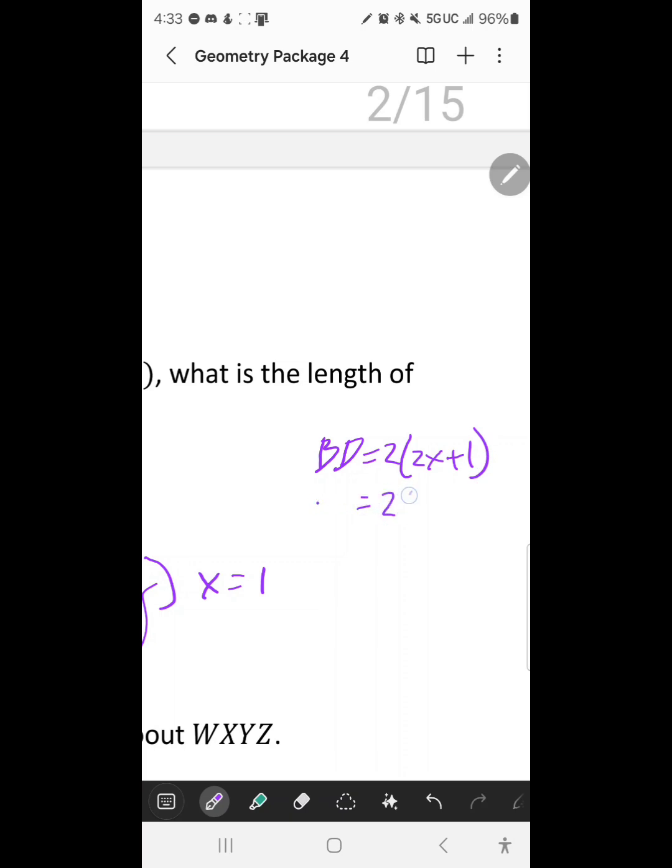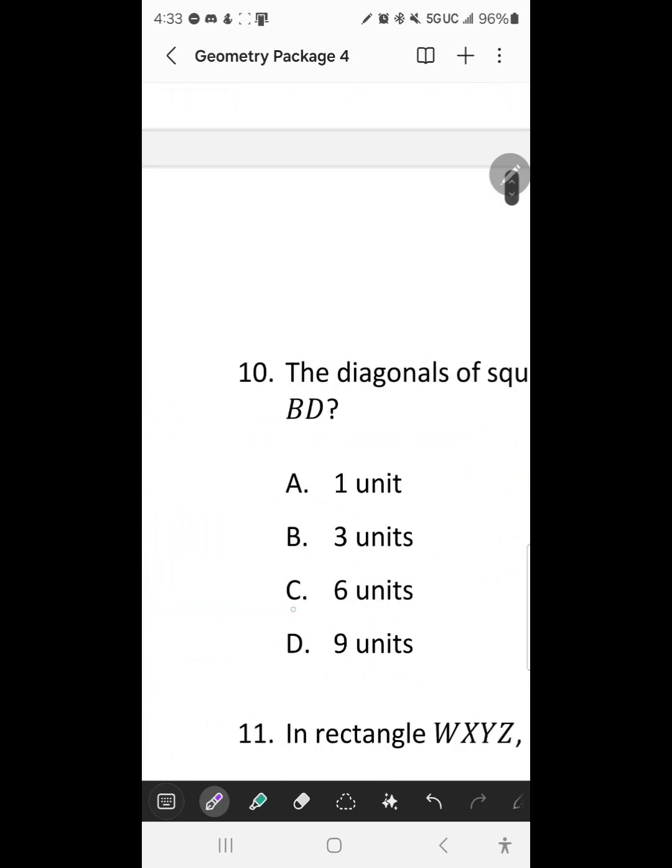So it will be equal to 2 times 2 times 1 plus 1 because x equals 1. So 2 times 1 is just 2, so 2 plus 1 is 3, so 2 times 3, and this is going to be equal to 6. And that's the answer, 6 units.